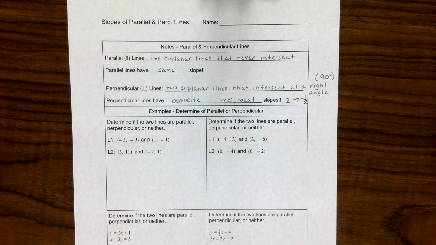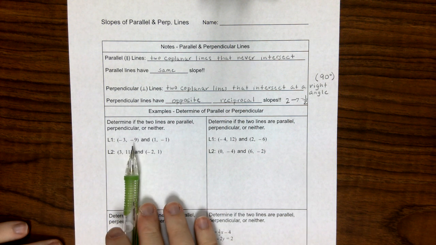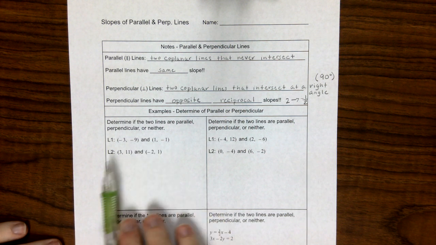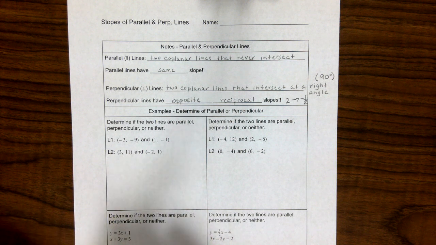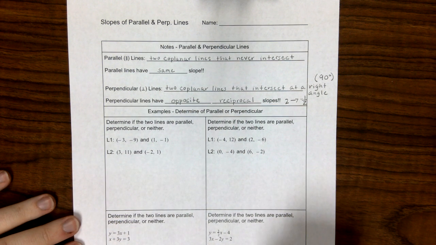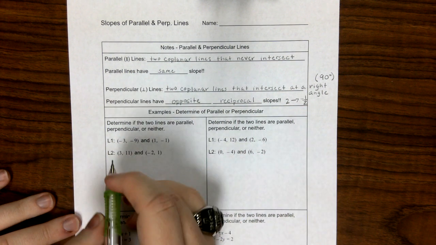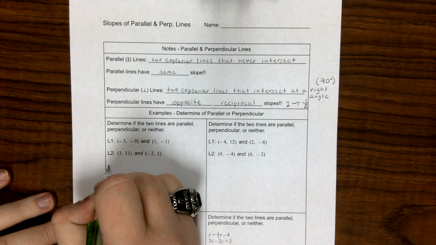All right, so we're going to determine if the two lines are parallel, perpendicular, or neither. The way I've structured it is I've given you 2 points from line 1 and 2 points from line 2. So we'll have to calculate the slope, which we looked at on Friday. Here's how I like to organize it.